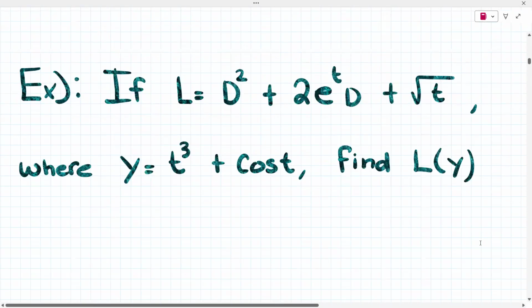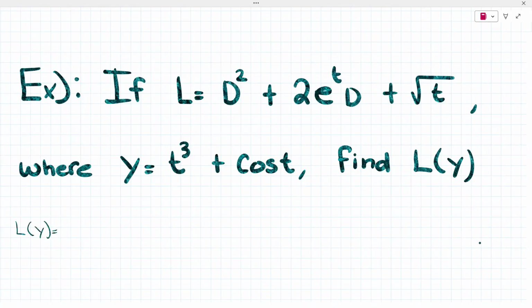So let's do another example. If L equals d squared plus 2et d plus square root of t, where y equals t cubed plus cosine t, find L of y. So what we're doing is multiplying L by y. So L of y is going to be L times y.